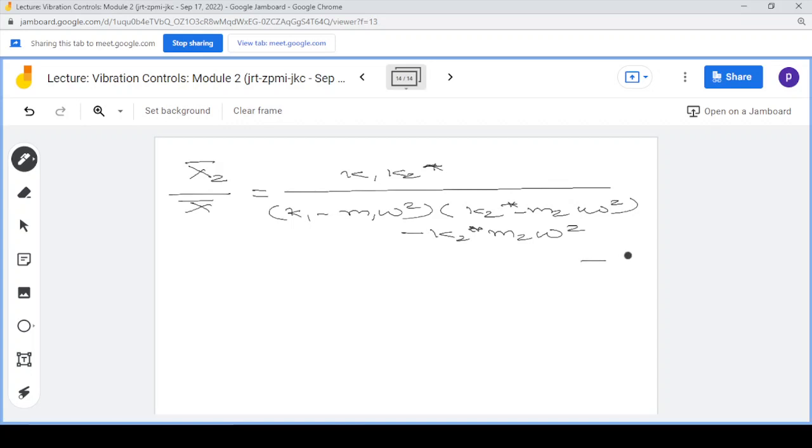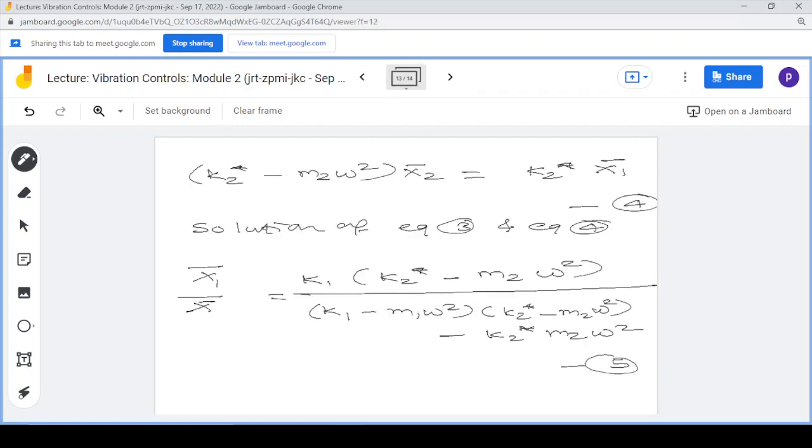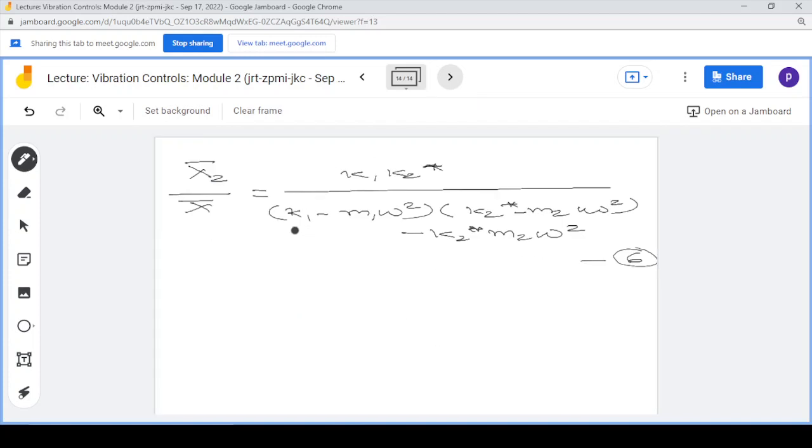Now let us call this expression as 6 and this expression as 5. Now if you closely look at the denominator in this expression x1 bar by x, k1 minus m1 omega square, k2 star minus m2 omega square minus k2 star m2 omega square is the same here also, which is the denominator of the ratio of x2 bar by x bar.